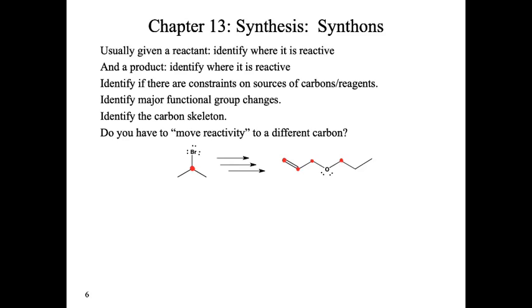What other big changes have we seen between these? You added oxygen and got rid of bromine. Oxygen has appeared. The bromine has disappeared. Sometimes you have restrictions. The restriction on this one is you can only use this structure as your carbon source.